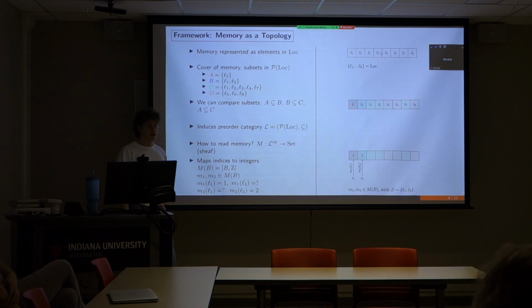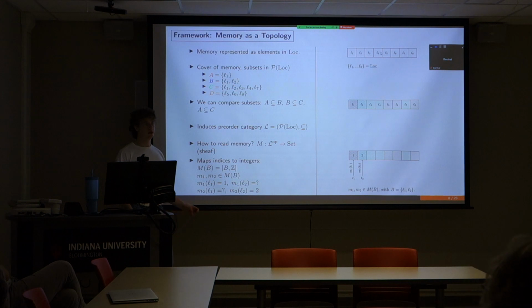And we can also compare subsets to each other. L1 is the smallest memory, like local memory. These will basically form the restrictions. If we have a memory specification of L1 and L2, we can always restrict it to L1.